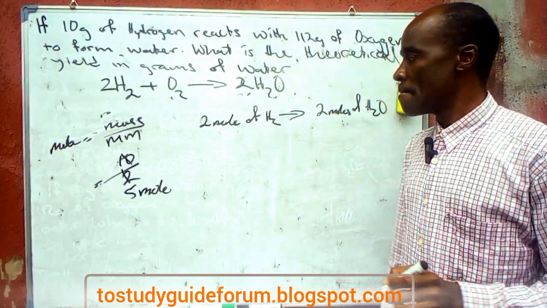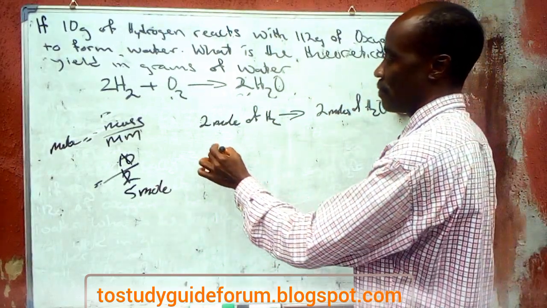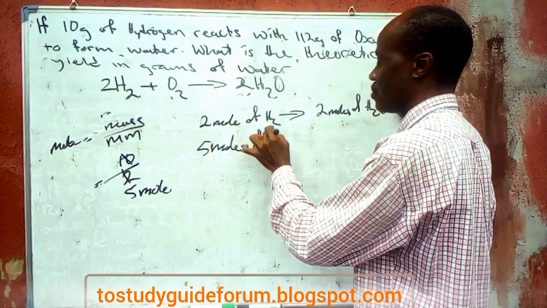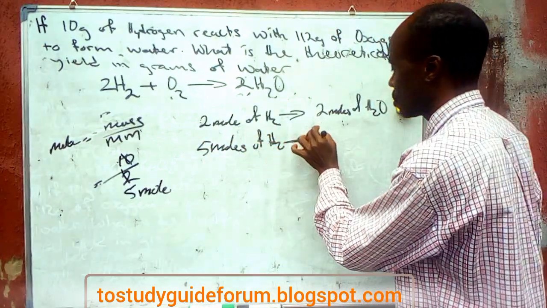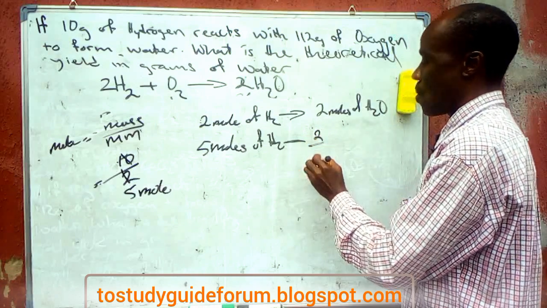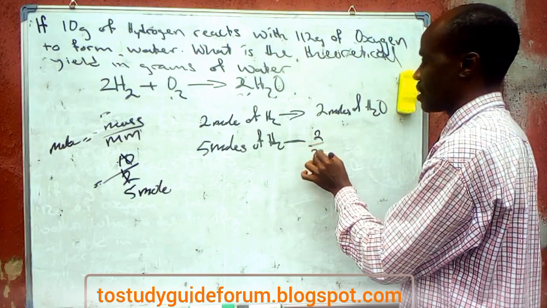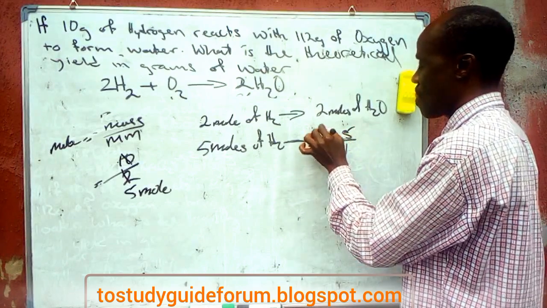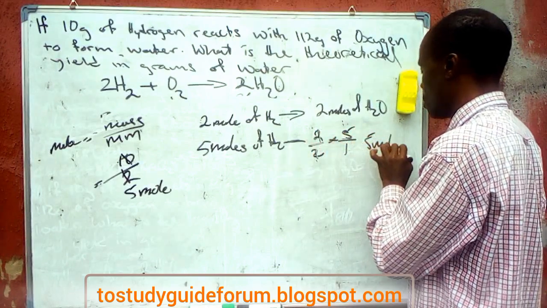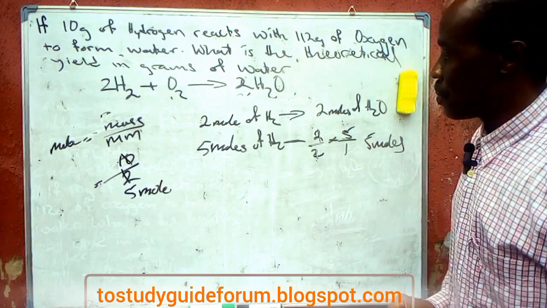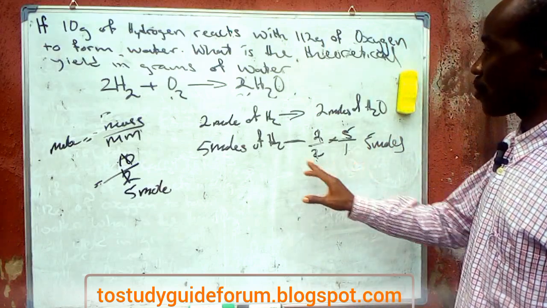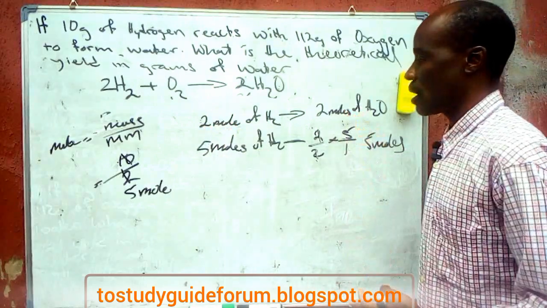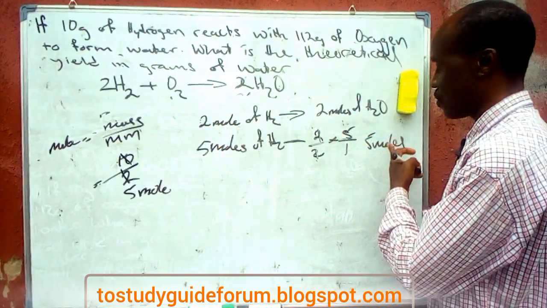So then 5 moles of hydrogen will then give us the same, because that will be 5 moles too. So from the mole ratio, we find out that 2 moles of hydrogen will give us 2 moles of water. That means 5 moles of hydrogen will also give us 5 moles of water.